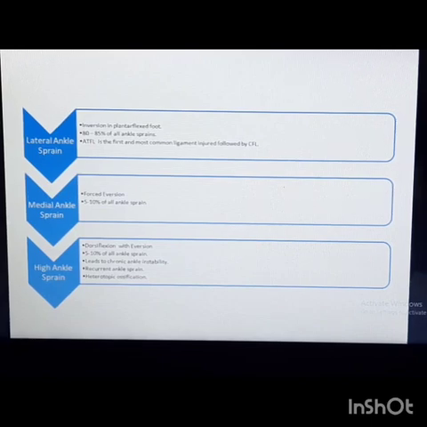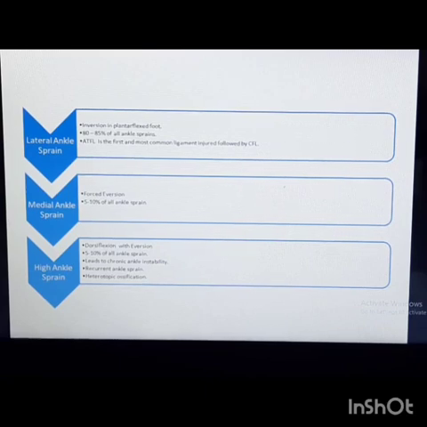High ankle sprain: when your foot gets everted in a dorsiflexed position, the inferior tibiofibular ligament gets injured. It accounts for 5 to 10% of ankle sprains. It may lead to chronic ankle instability, recurrent ankle sprain and heterotopic ossification.